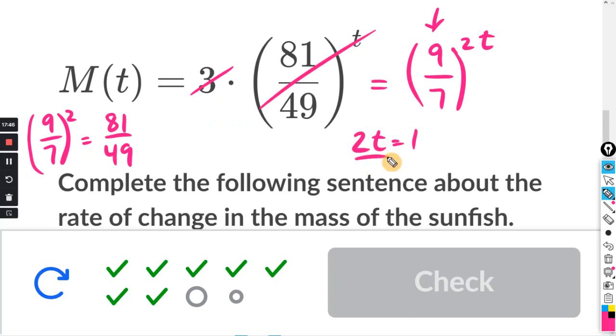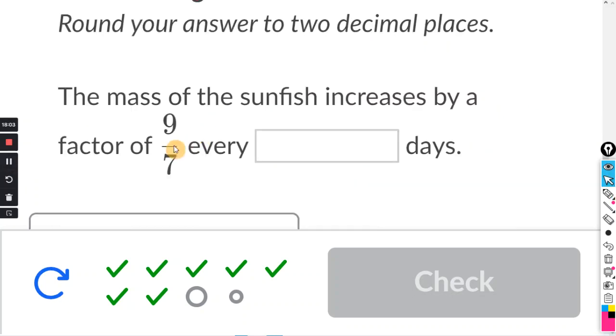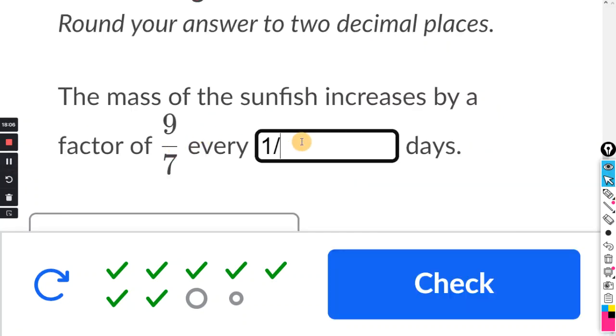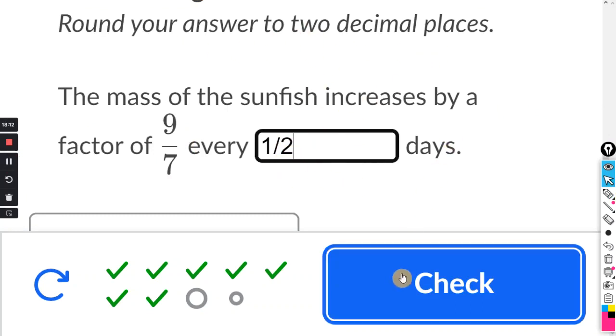If you divide both sides by 2, we get t equals 1/2. Every time t goes up by 1/2, this whole exponent goes up by 1. So the 9/7 actually gets applied every half day. They said round to 2 decimals, but if you have an exact fraction, they usually take it.